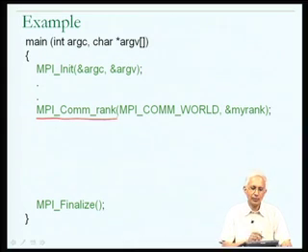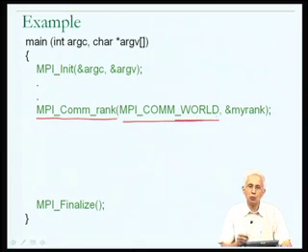In this call to MPI COM rank, there are two parameters. One is the particular communicator for which one wishes to know the rank, and then one passes a parameter into which the return value, in other words the rank of the process executing this function, will be returned in the variable my rank.